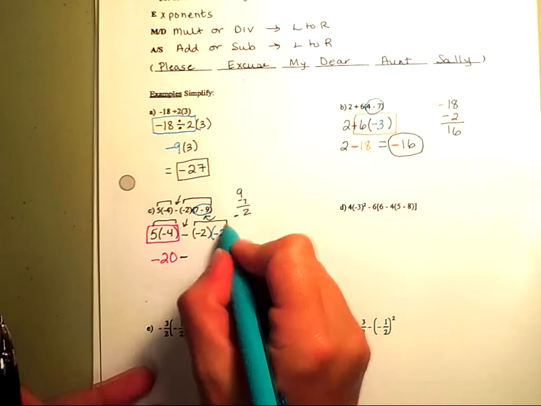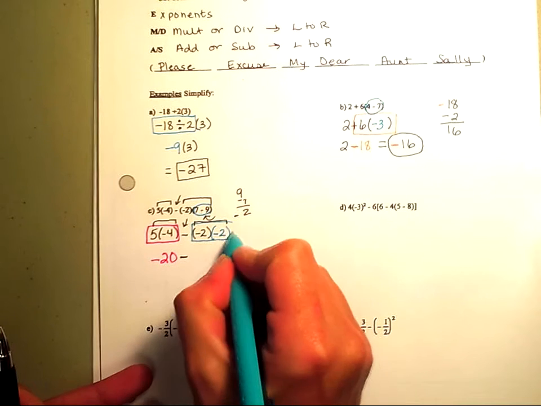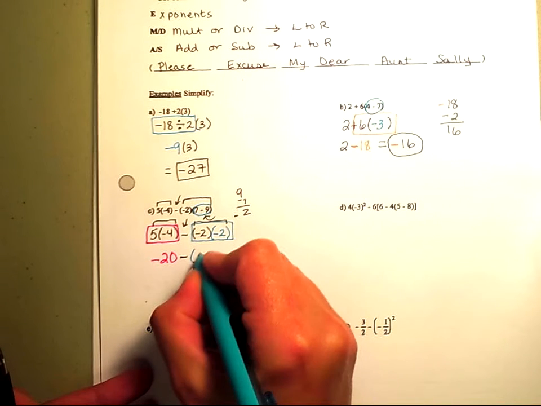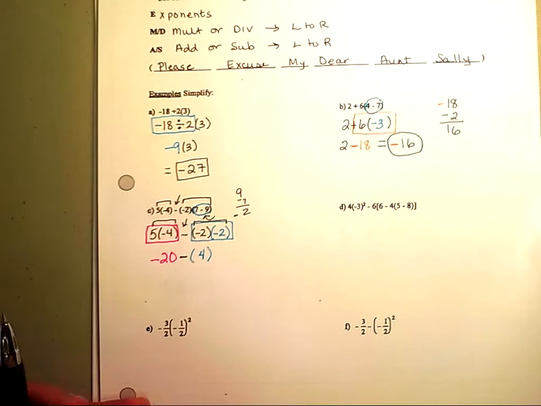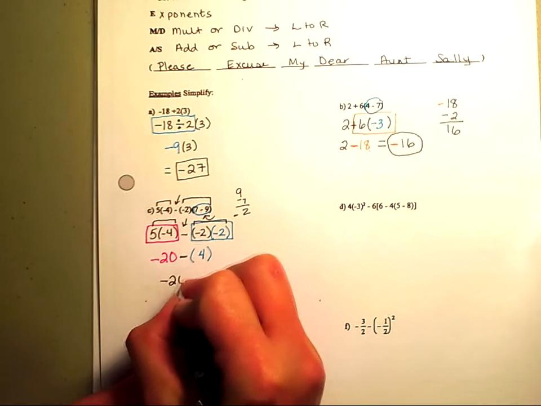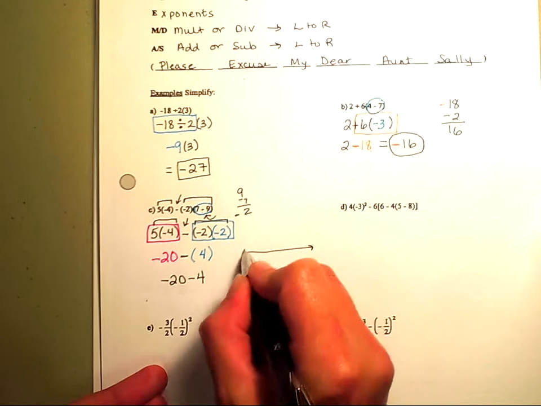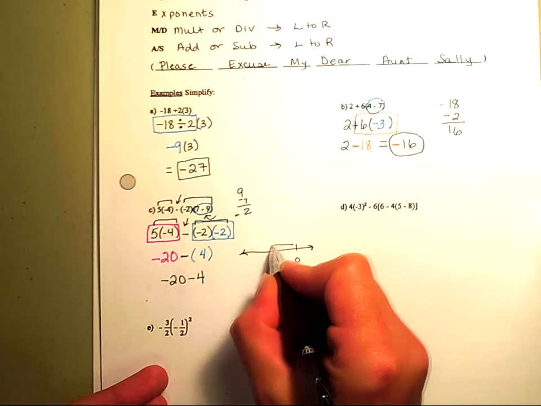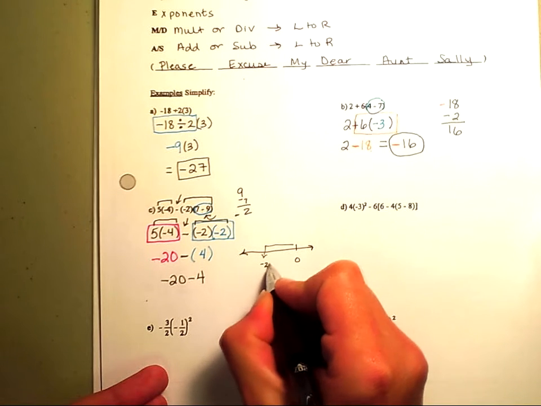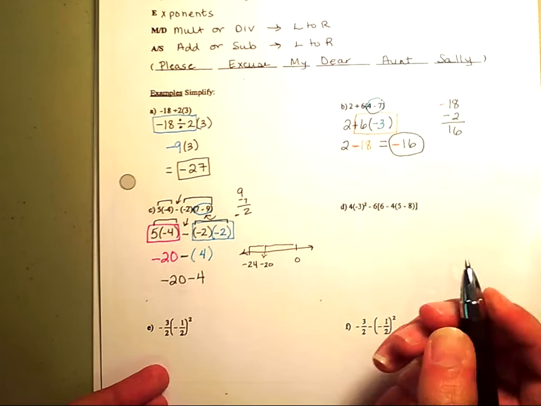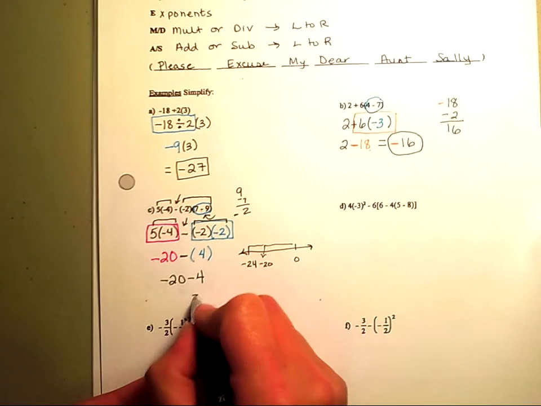And here, negative 2 times negative 2, well, 2 times 2 is 4. Negative and negative become positive. So this becomes negative 20 subtracting 4. So on our number line, if here's 0, I'm going down some distance, negative 20, and then I want to subtract off 4 more again. So I become more negative. So this is negative 24.